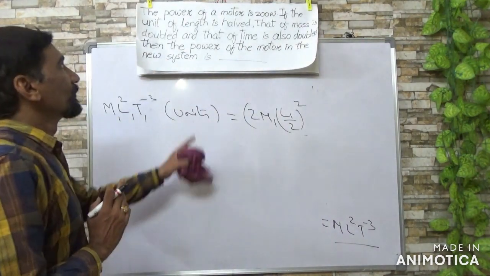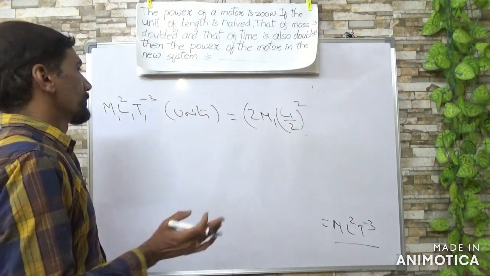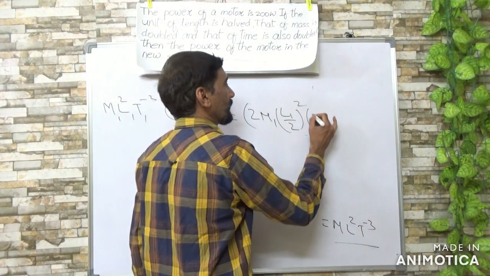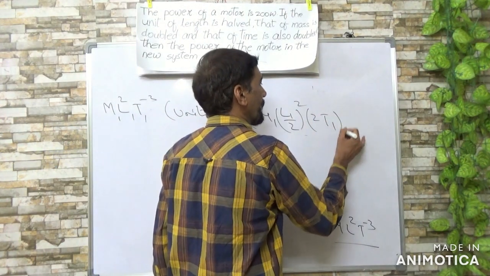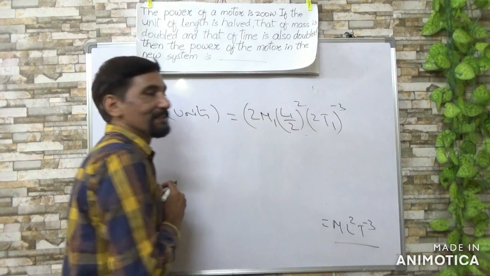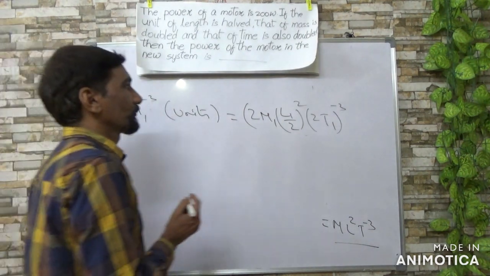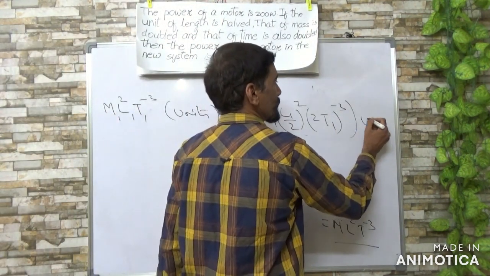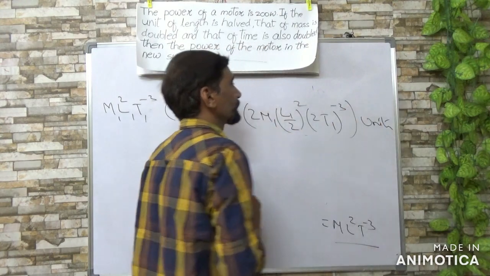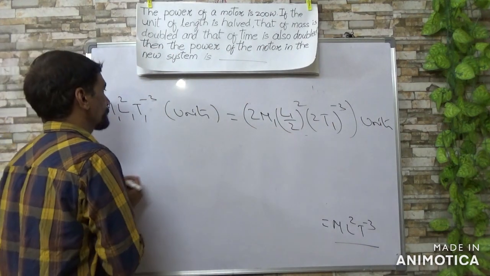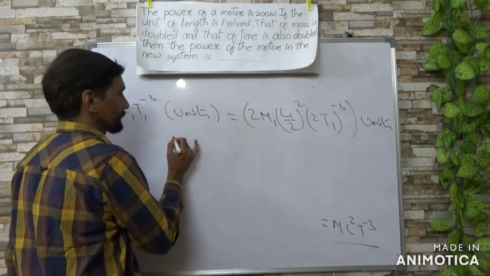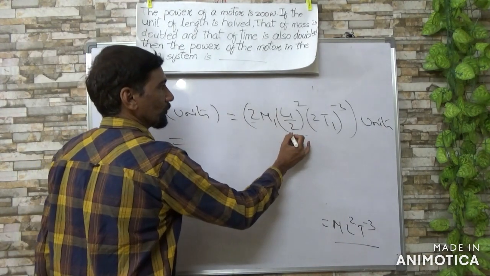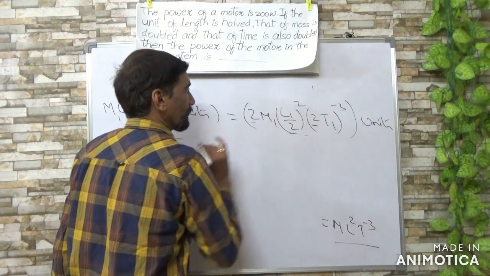Time is also doubled, so we take 2T1 power minus 3.